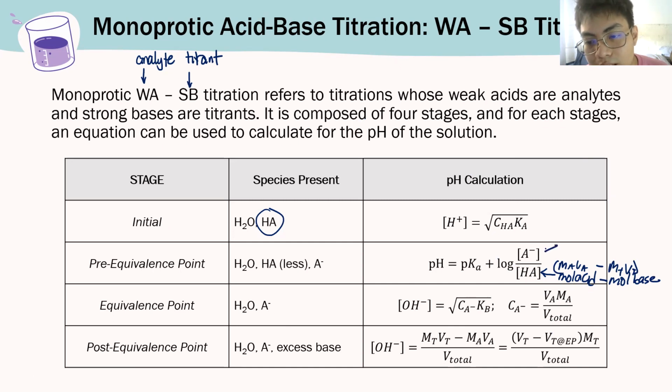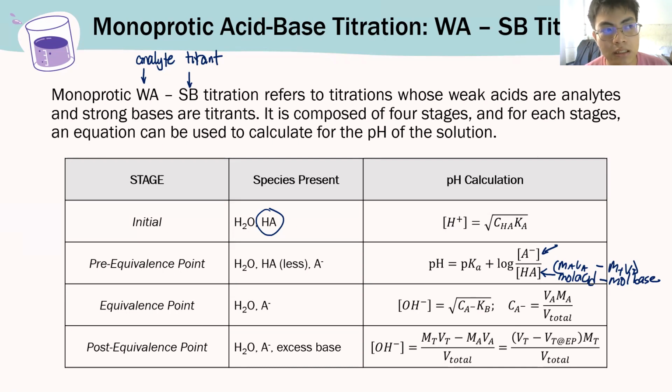Now let's go here naman sa taas. So this is the conjugate base. Paano natin kukunin yung amount niya? Paano kaya? So isip tayo, saan siya nanggaling? When did your conjugate base appear? When you added your titrant, di ba?